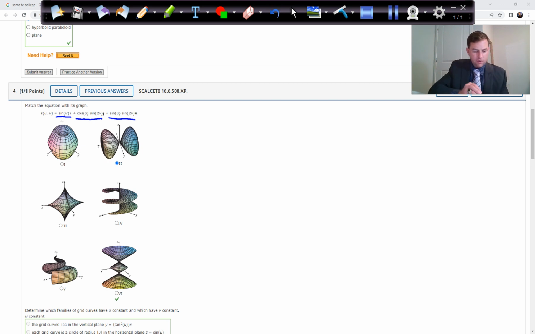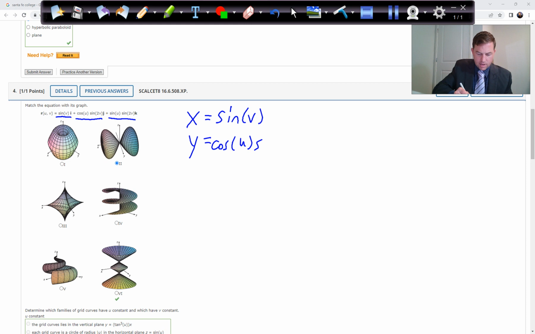And again, I would refer us to the book and look up what happens when my x term is sine v, when my y term is cosine u sine 2v, and when z is sine u sine 2v.